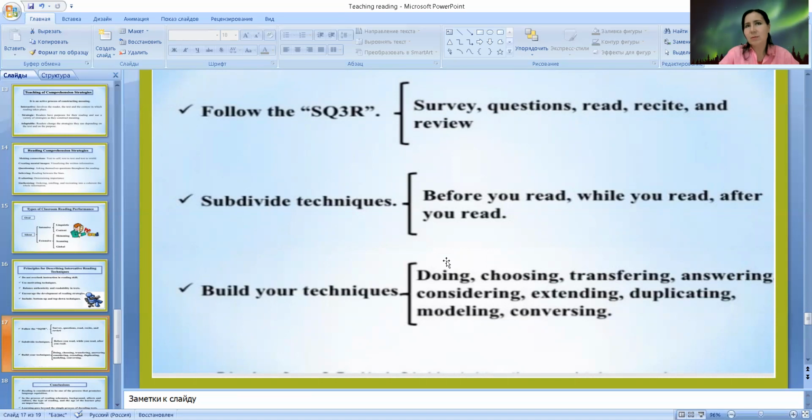First of all, we pay attention to the whole text, its meaning. What is this text about? Then while you read and after reading, we can put questions to ourselves. What is this text about? What does the author want to show us? The next build-your-techniques: doing, choosing, transferring, answering, considering, extending, for example, duplicating, modeling, and conversing.